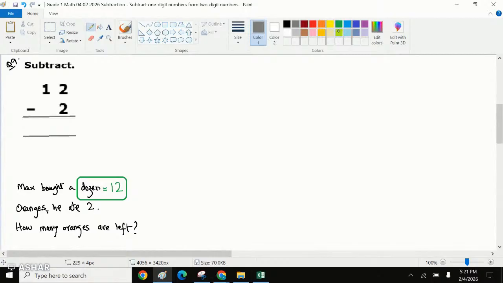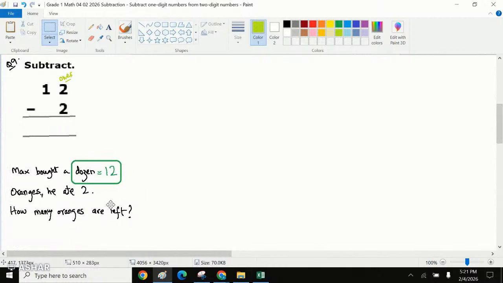So 2 minus 2 would be 0, and the tens was a single digit, right? So it comes down as it is.